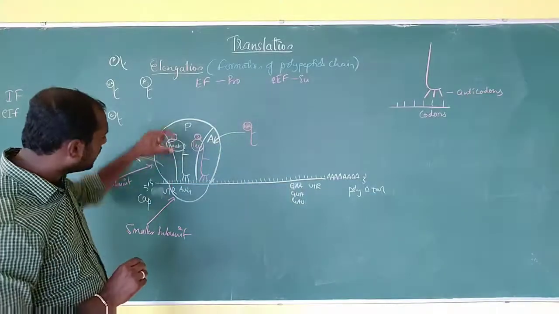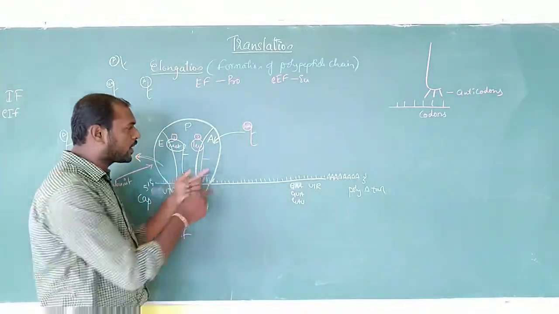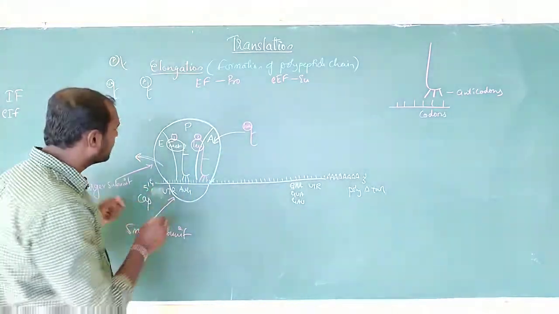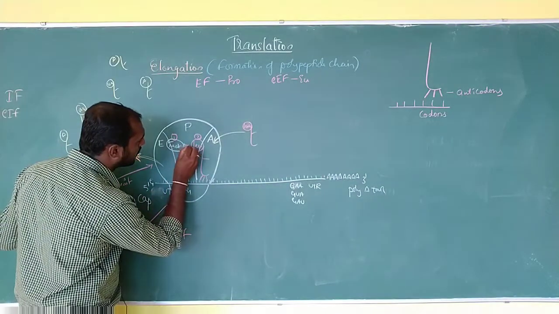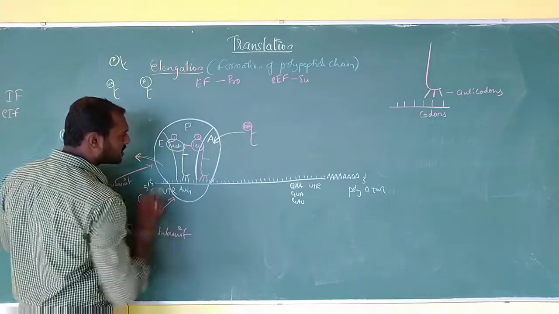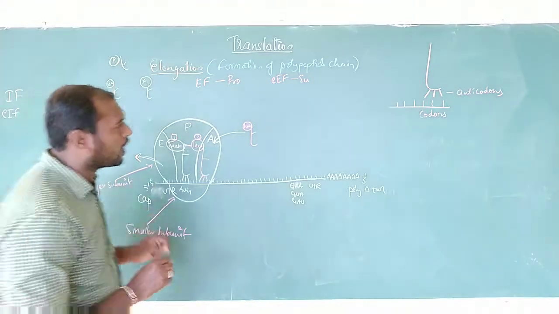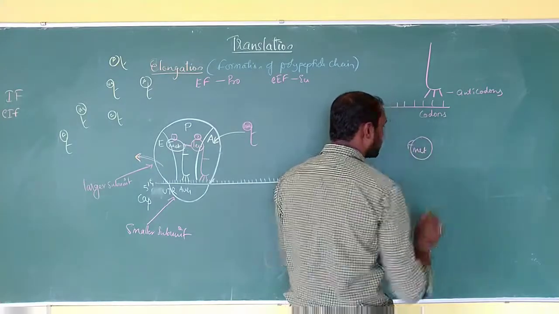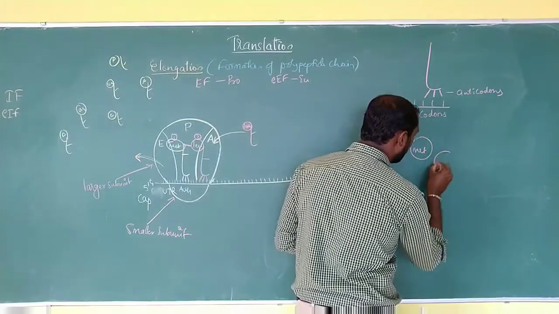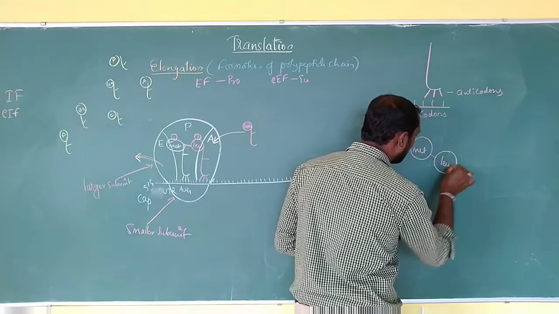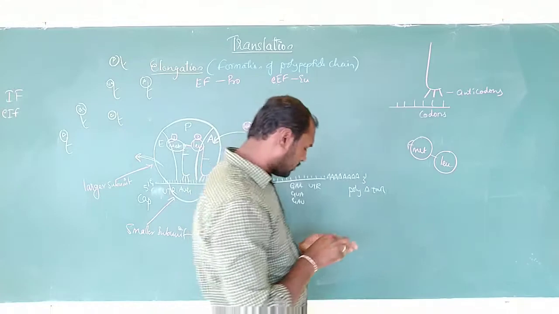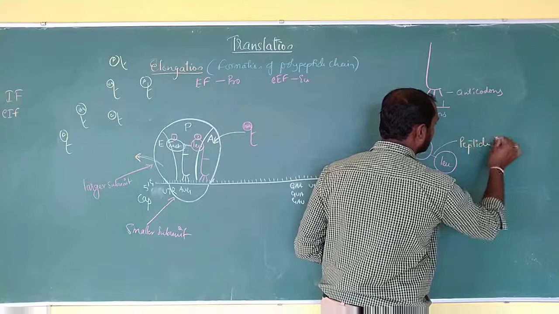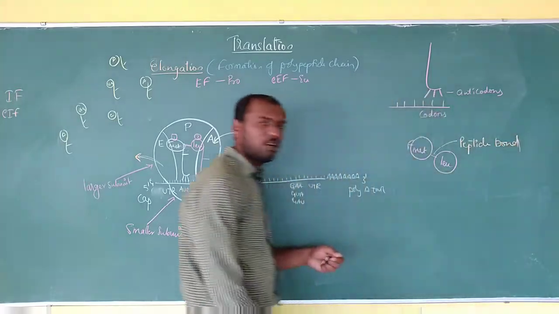Now the A site is for the entry of the aminoacyl tRNA, and in the P site there is a reaction between the first amino acid and the second amino acid. The formylated methionine is going to bind to the next leucine or whatever amino acid by the help of a peptide bond.